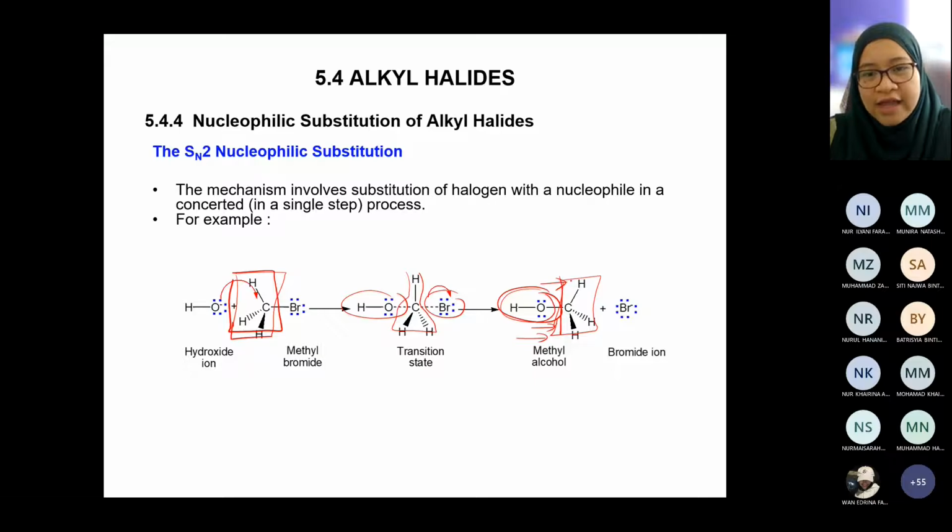So after the addition of OH, after the substitution of OH, the H is now facing to the opposite side. Okay? So inilah ceritanya. So it's best for you to use 3D form, okay, to represent this nucleophilic substitution. Okay? Right.